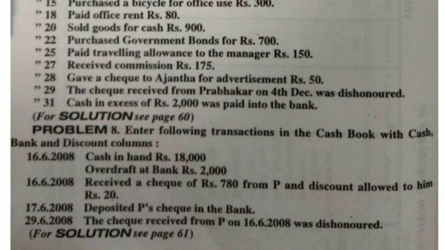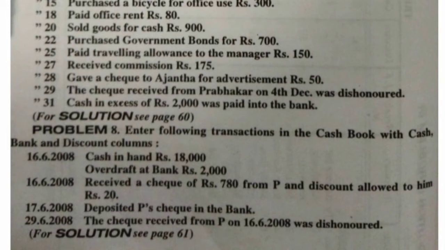Cash account debit 780, discount allowed account debit 20, to P account 800. Why are we recording this? Because we are not depositing the check on the same date. They have given in the question that on 17th June they are depositing P's check into the bank.